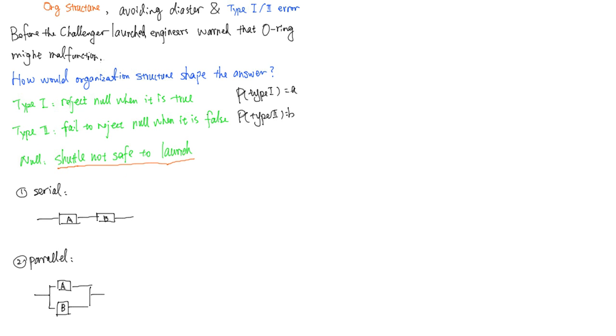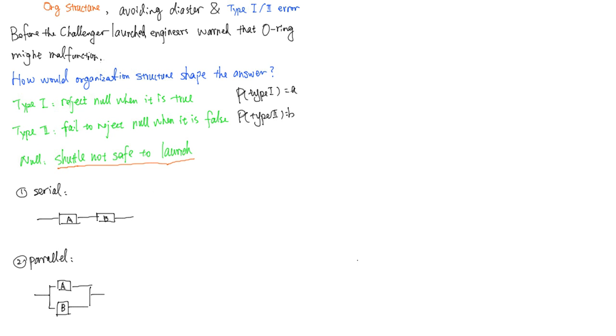If we assume that each unit has probability A to commit type 1 error and probability B to commit type 2 error, then for the serial structure to commit a type 1 error, both units have to approve the launch when it's true that it's not safe, which means both units think it's safe to launch when actually it's not.